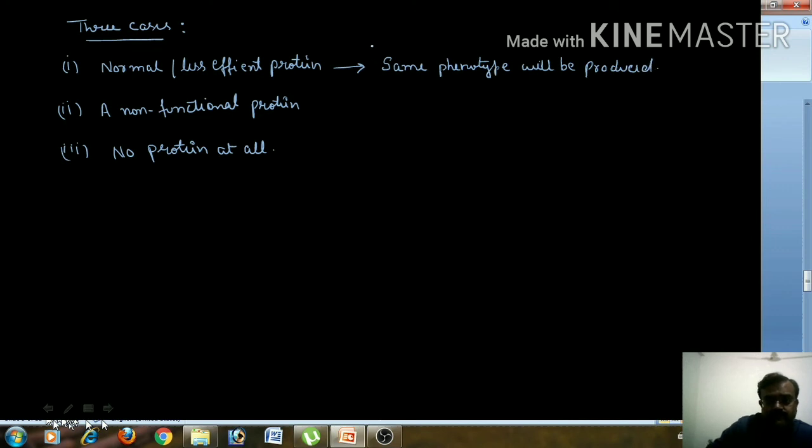If it codes for a non-functional protein, it means non-functional protein and no enzyme. In both the cases, in case of non-functional protein, or there is no protein production by that modified allele, the phenotype gets affected. Okay?